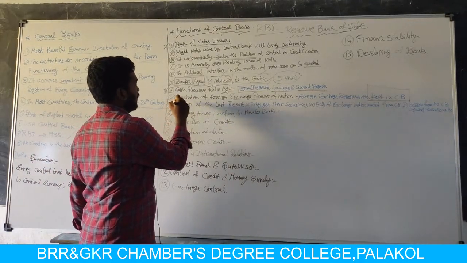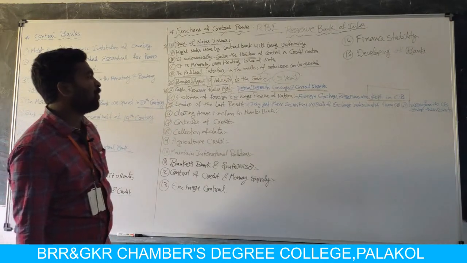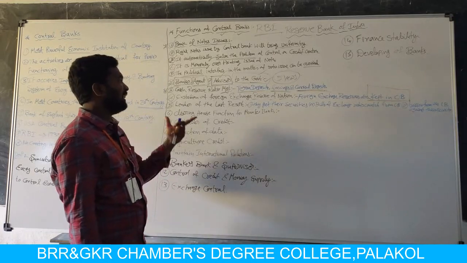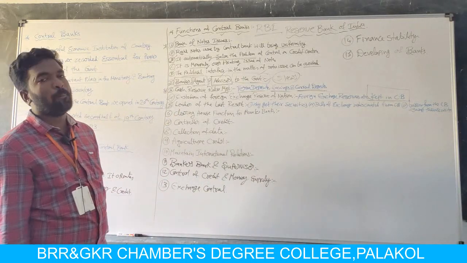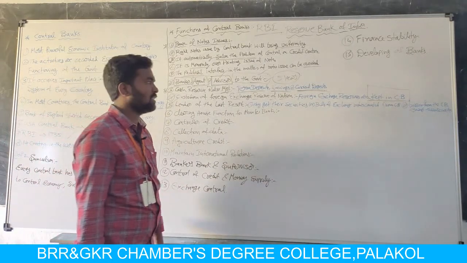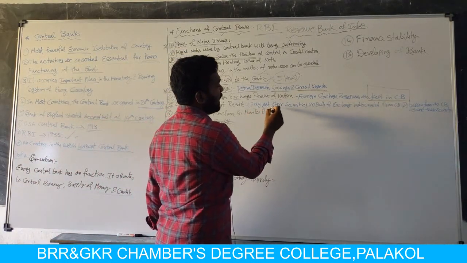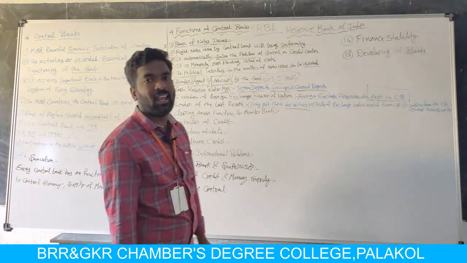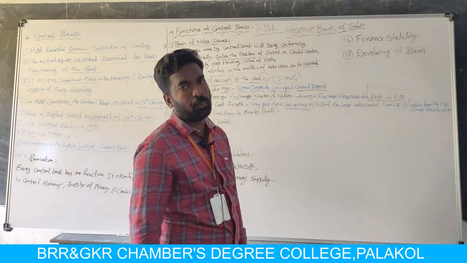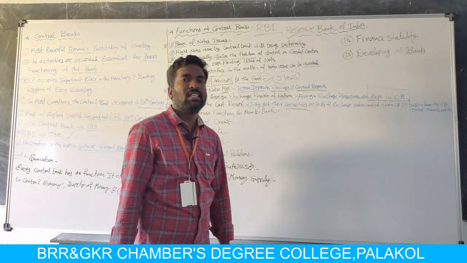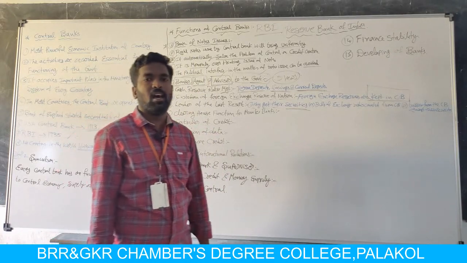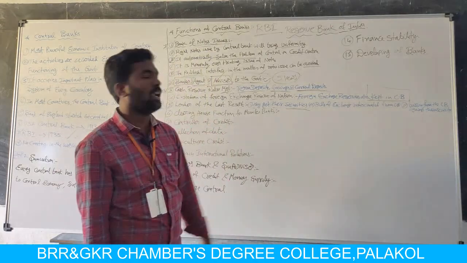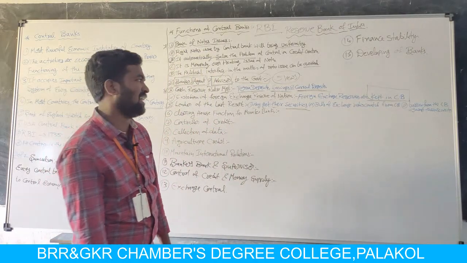Then the fifth one, lender of last resort. In this function there are two main points. First, banks get their securities rediscounted. What are securities? We already learned in the third semester in corporate accounting: securities means shares, which are of two types, equity shares and preference shares, and also debentures.